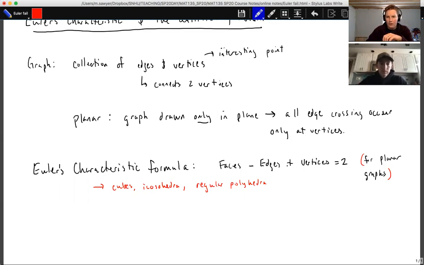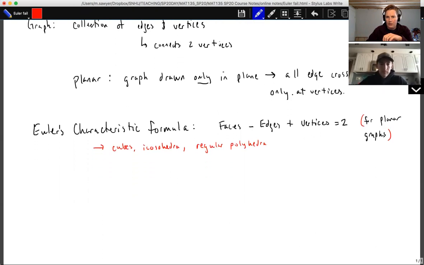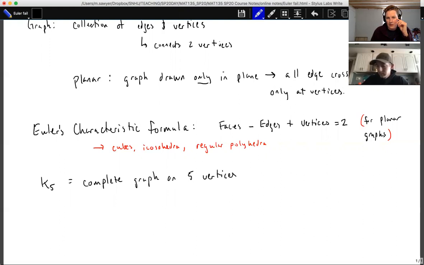And so when we were looking at our graphs, we had 2 special graphs that we cared about. We cared about K5, which was our complete graph on 5 vertices. This looked like the star embedded in a pentagon.